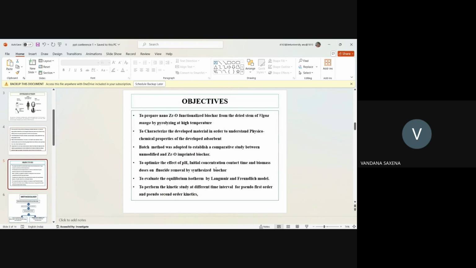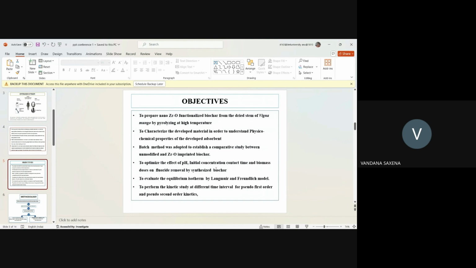So our objective is to develop a zirconium oxide functionalized biochar using dried stem of Vigna mungo by pyrolyzing at high temperature. We first develop a biochar using the dried stem, and simultaneously we synthesize nano zirconium, which is a green synthesis using the leaf extract of the same plant.